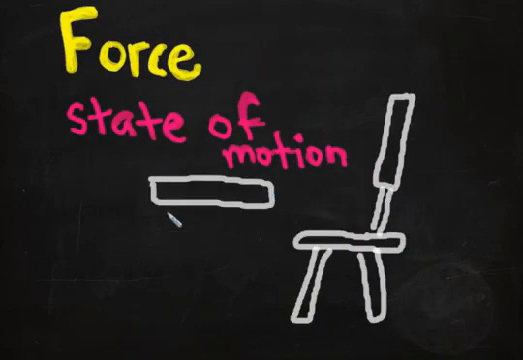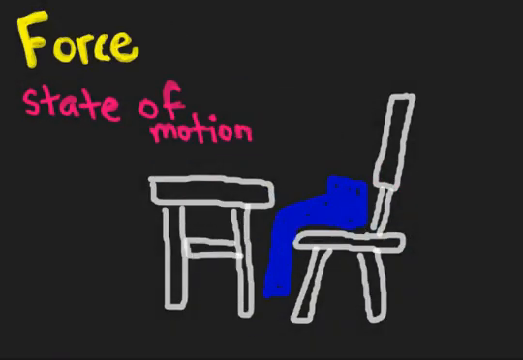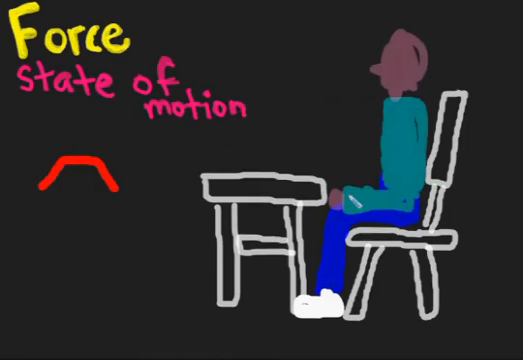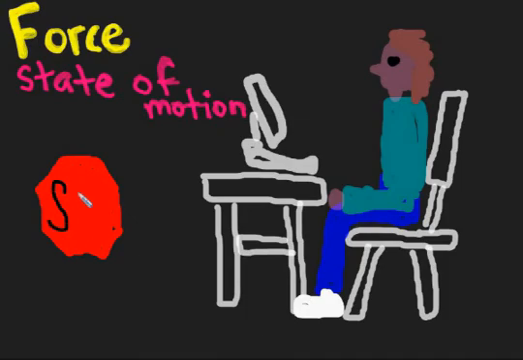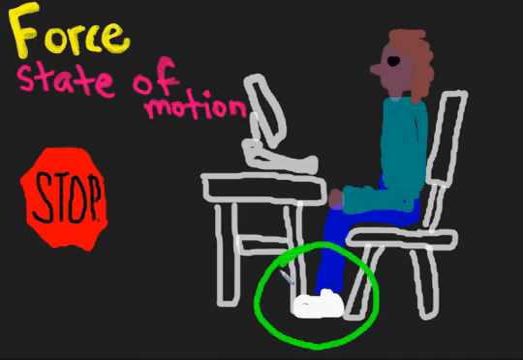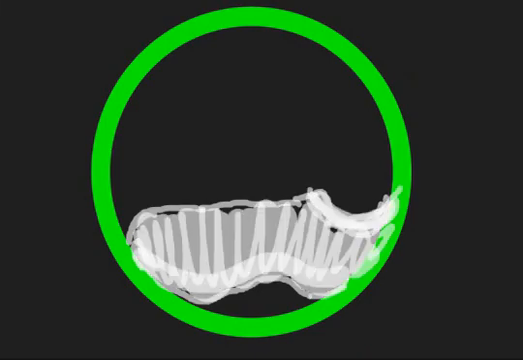Well, right now, as you are watching this, your state of motion is probably at rest. You are likely not moving. You are at rest. If you want to change your state of motion, how do you do that? Well, you need a force. That's how. You are going to need some sort of force to push you up out of your seat.